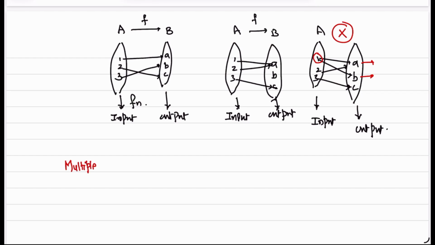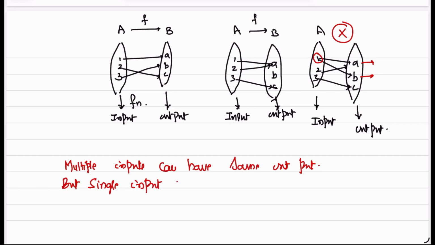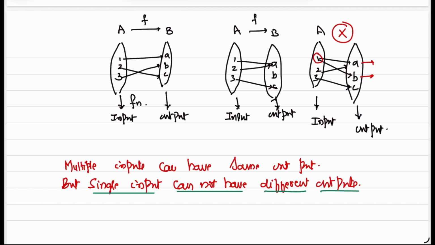Multiple inputs can have the same output, but a single input cannot have different outputs. This is not a function because one has two outputs.